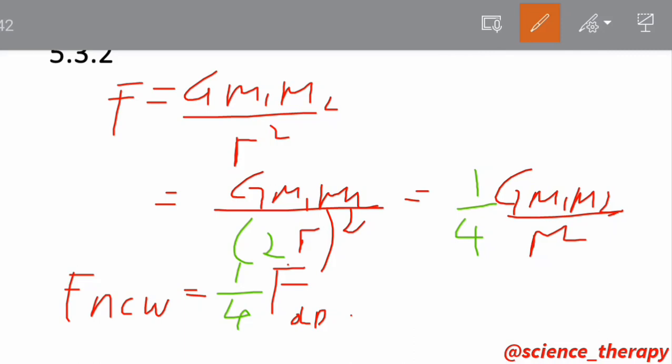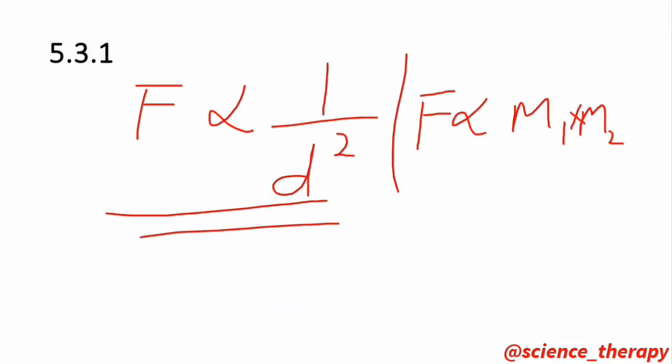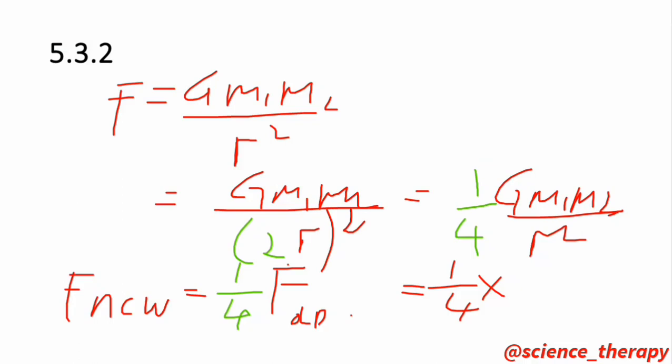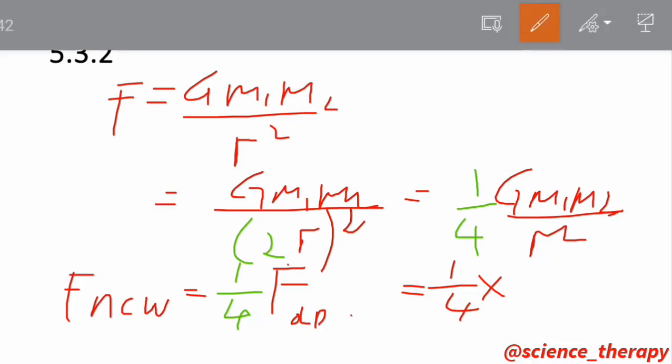So now what we can do is, we know what the F old is, right? So we're just gonna say F new is 1/4 times what we calculated to be 1960, remember, at that position when it was still on the Earth's surface.